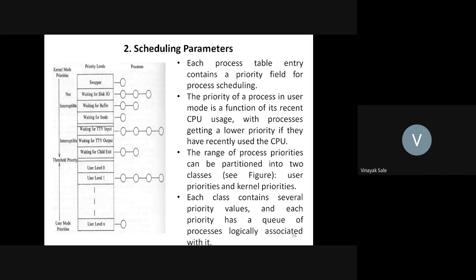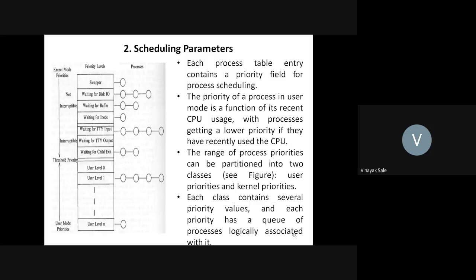Each process table entry contains a priority field for process scheduling. The priority of a process in user mode is a function of its recent CPU use, with processes getting a lower priority if they have recently used the CPU.